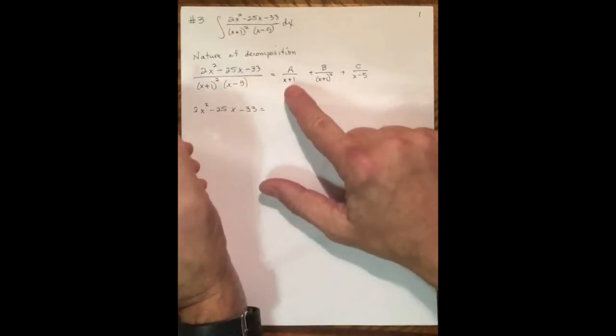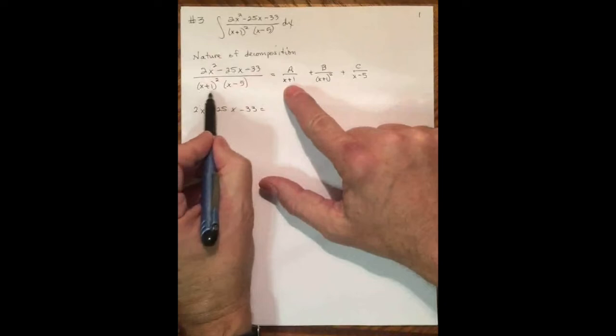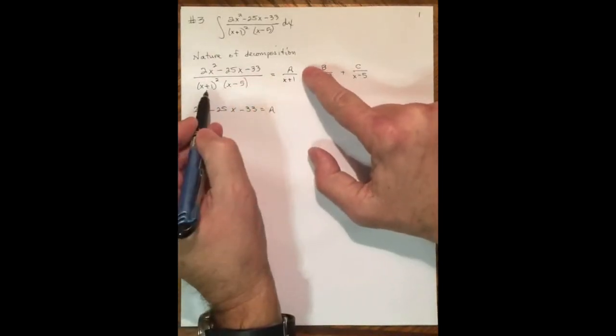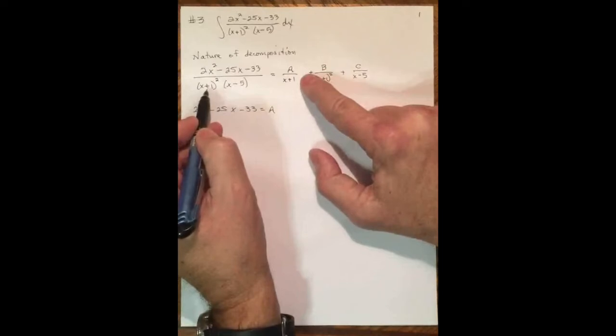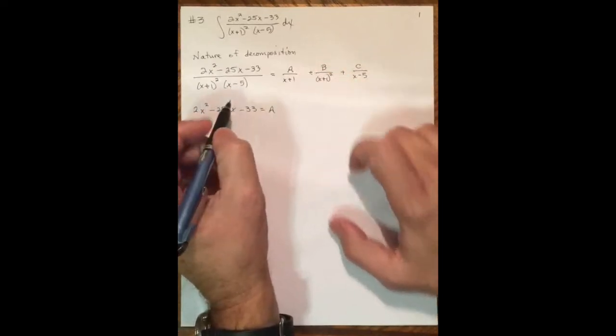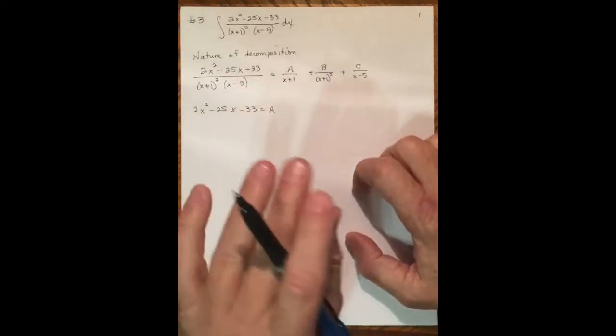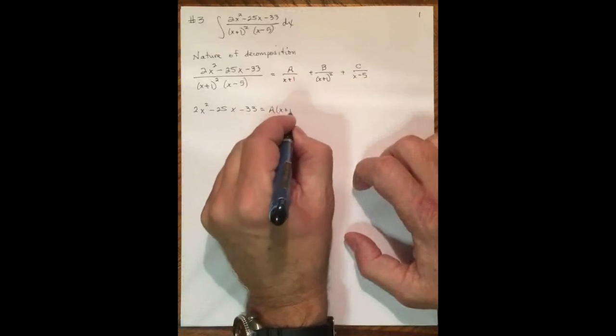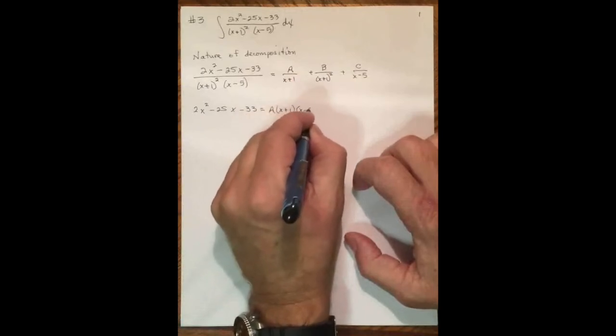Now all you want to do is make this denominator x plus 1 look like this. So you would have to multiply top and bottom by another x plus 1, and then you would have to multiply top and bottom of the fraction by x minus 5. Since we're only looking at the numerators, this is going to be a times x plus 1 times the x minus 5 term.